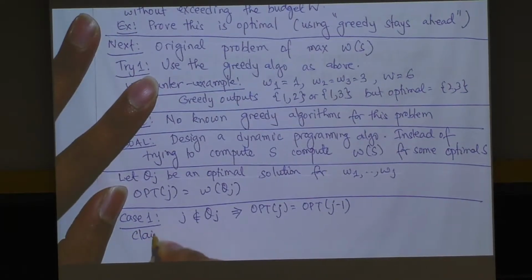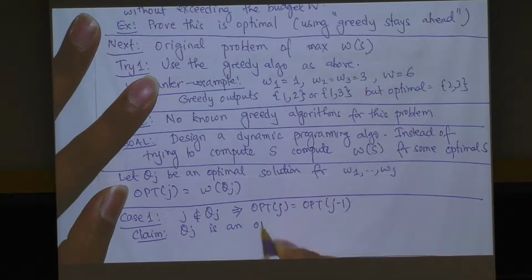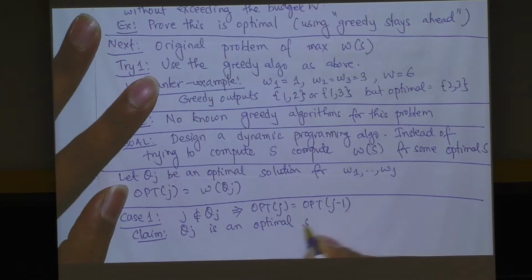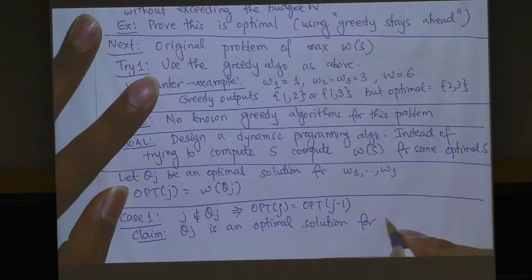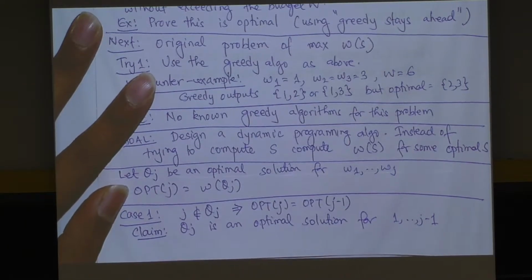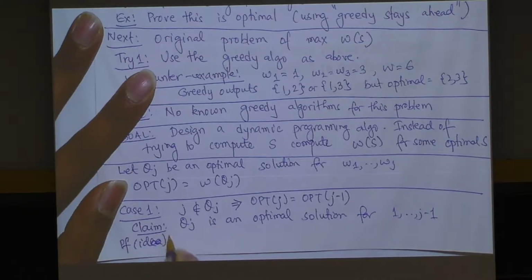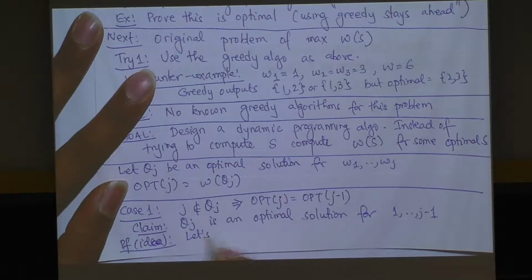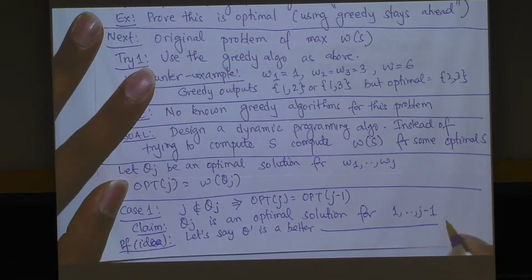So the claim is O of j is an optimal solution for 1 all the way up to j minus 1. So I'm looking at the first j minus 1 numbers. And the proof idea is proof by contradiction. Let's say O prime is a better solution from 1 to j minus 1.